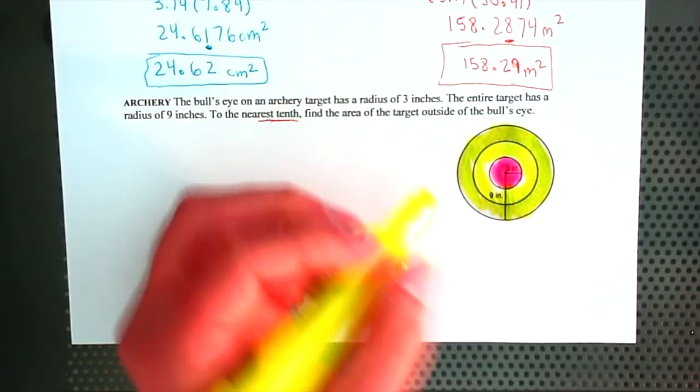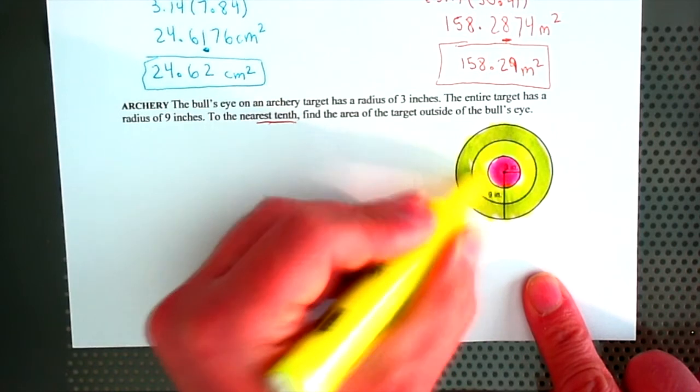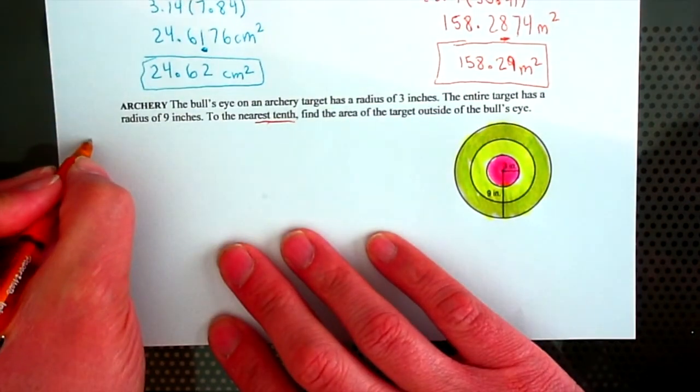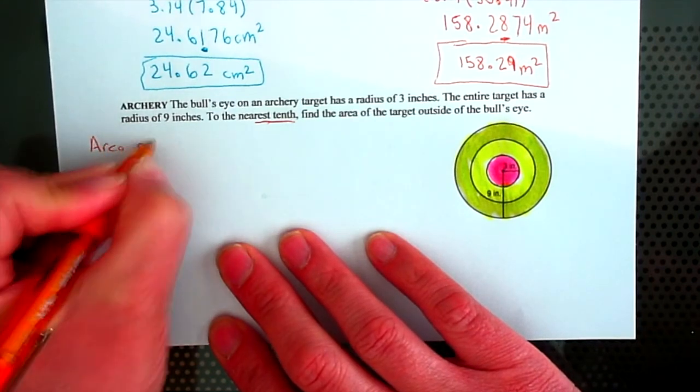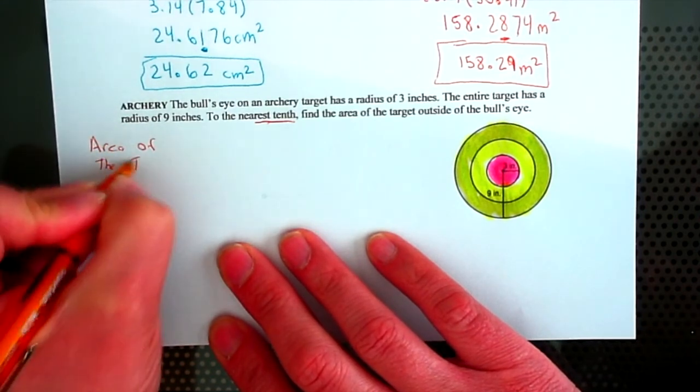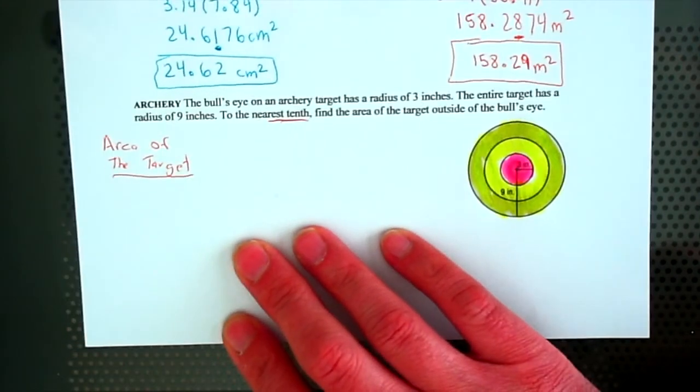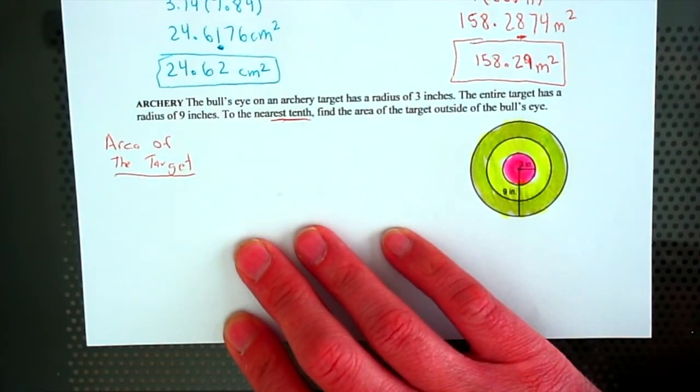I almost think of this as kind of a donut problem. Because I want the outside, I need to remove the middle. So the first thing I'm going to do is find the area of the target.